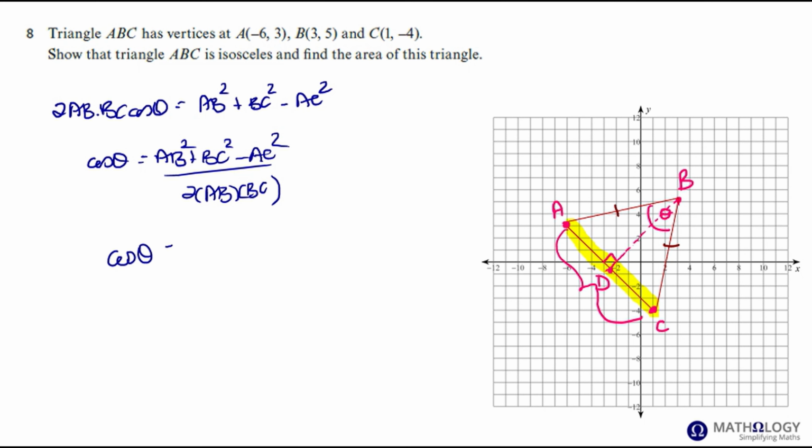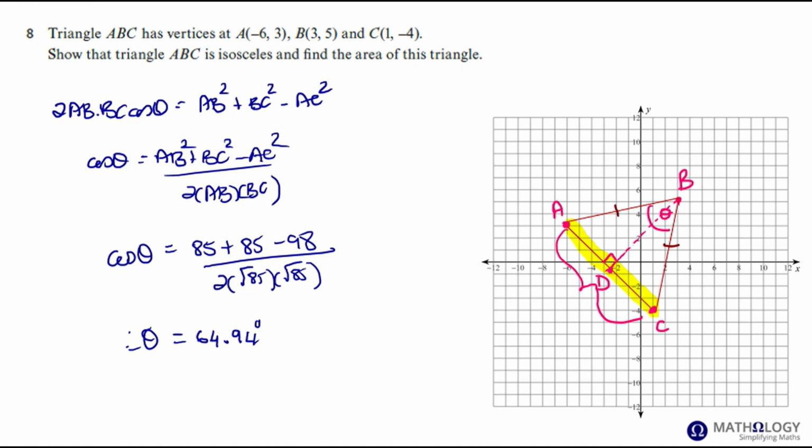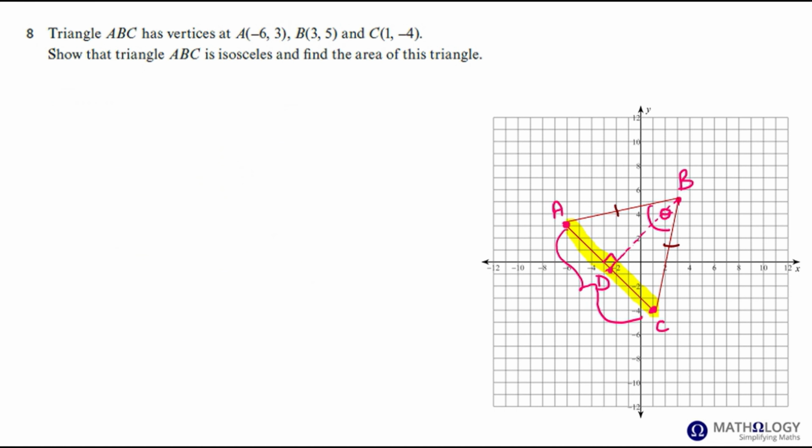So cos theta equals AB squared, which is root 85 squared, it's 85, plus BC squared, which is also 85, minus AC squared, which is 98, over 2 times the square root of 85 times the square root of 85. Theta therefore equals 64.94 degrees.